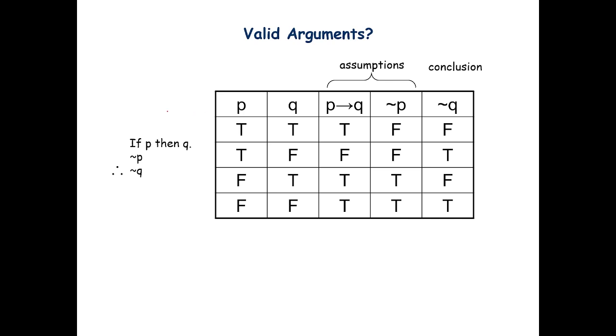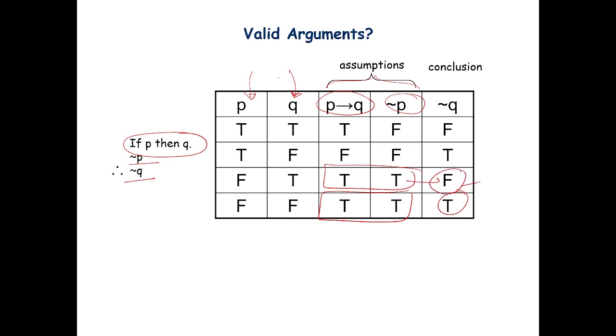If P, then Q. Not P implies not Q. Let's do it. You take all the possible sets of values for P and Q. You write the P implies Q table, and the not P table. These are the assumptions, and you look at whenever the assumptions are all true. In these two cases, they're all true, but you can look at it.